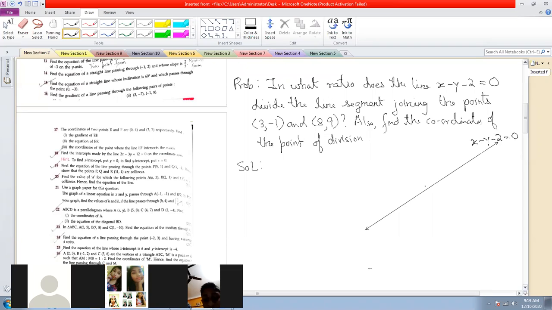In what ratio does this line divide the line joining the points 3, minus 1 and 8, 9? Suppose you have a point here, let us say A (3, minus 1), and you have a point here, B (8, 9). You join these two.